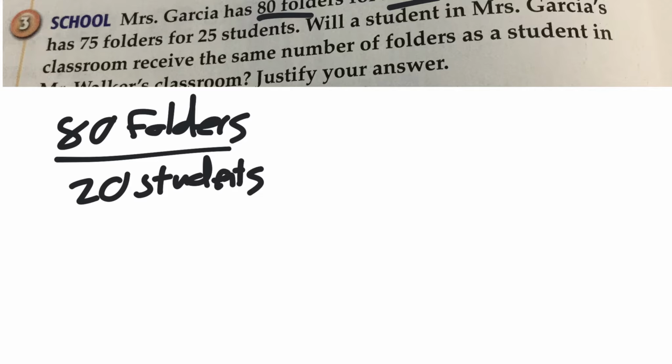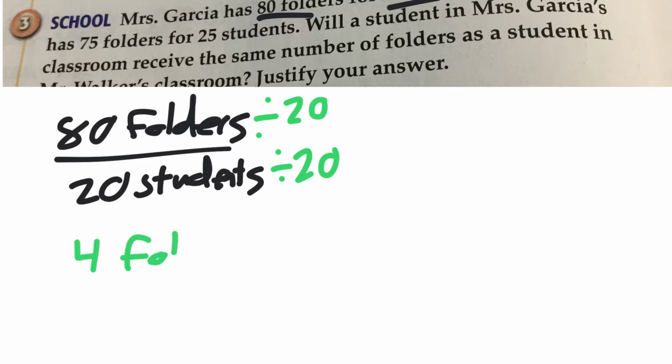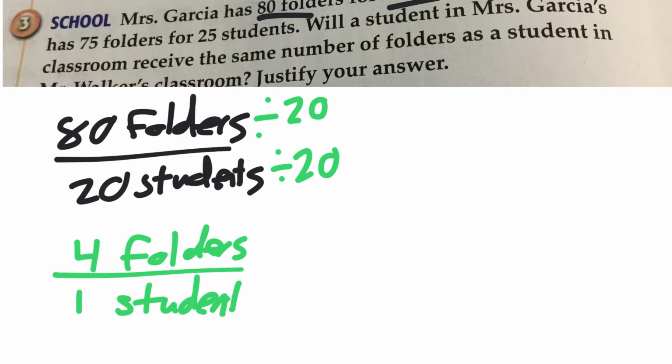Yes, 20. So 80 divided by 20 is 4 folders. 20 divided by 20 is 1 student. So what does this ratio mean? That means there will be 4 folders for every 1 student. So if you're in Miss Garcia's classroom, you're going to get 4 folders.